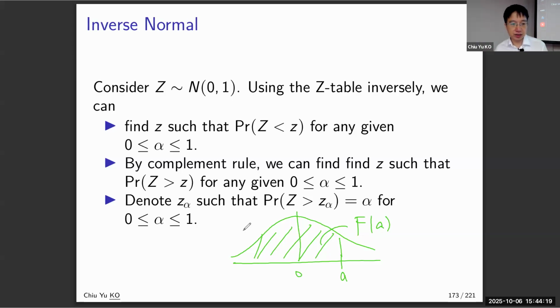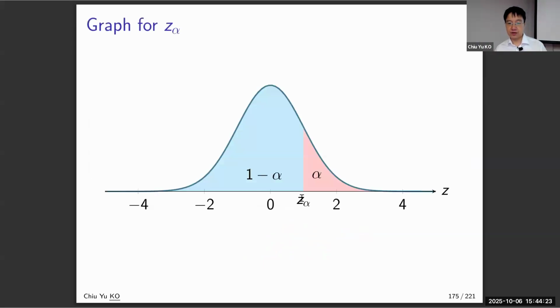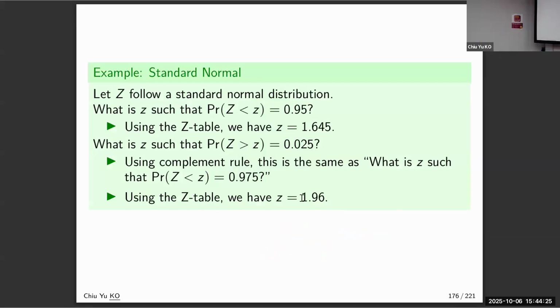Let me give you an example, because that is something we'll keep doing all the time. What is the probability that Z is less than 0.95? How do you do that? Remember, when I read the table, I read the vertical column and the row, look at the number in the table, and find the probability. So we reverse it.